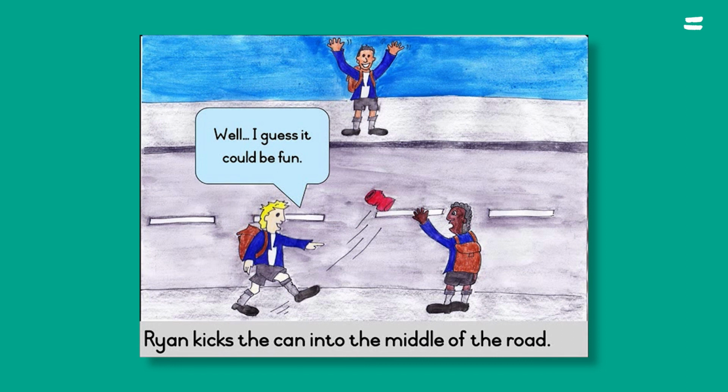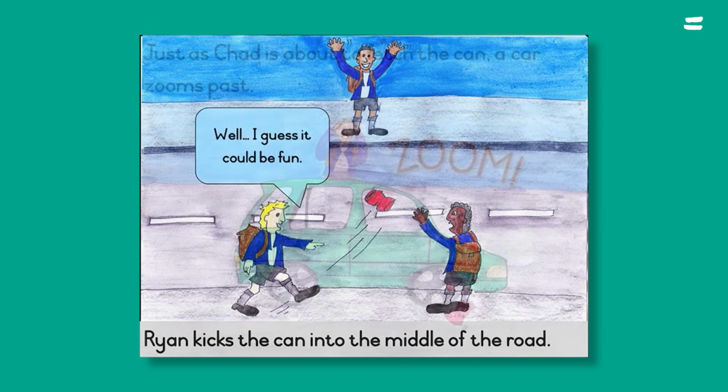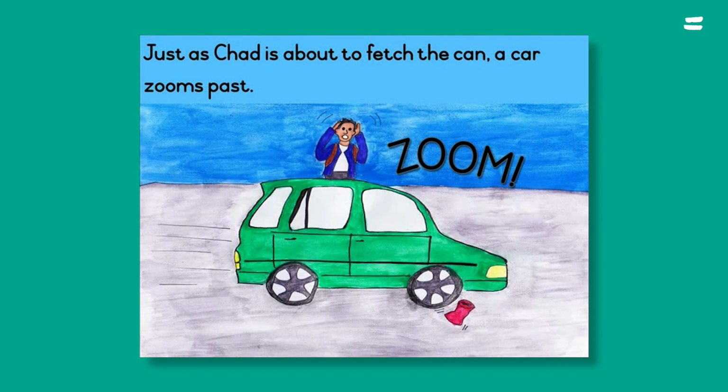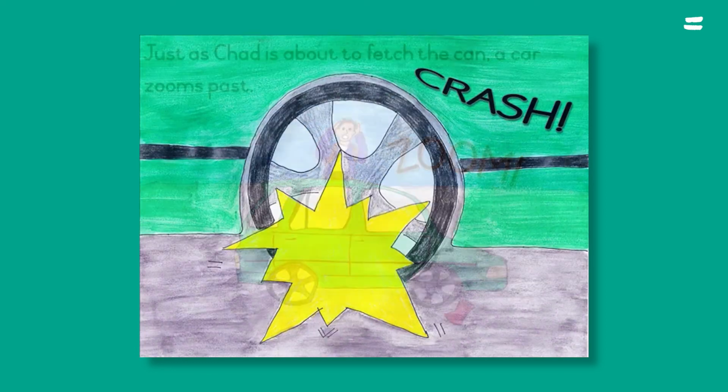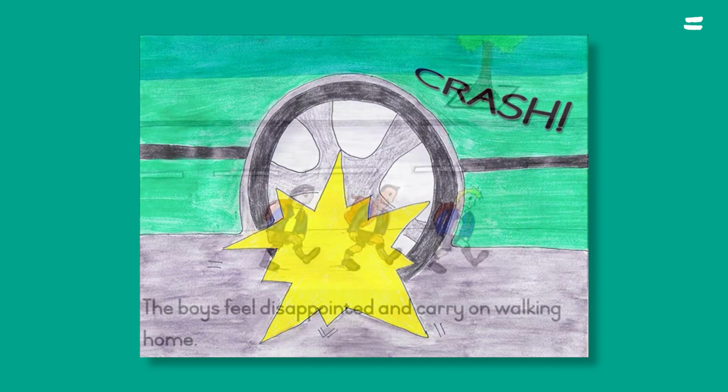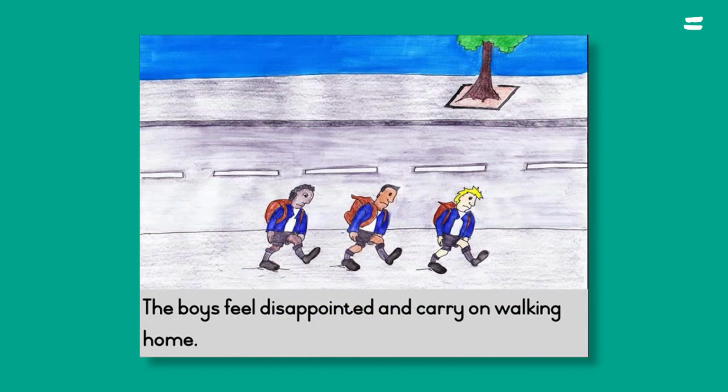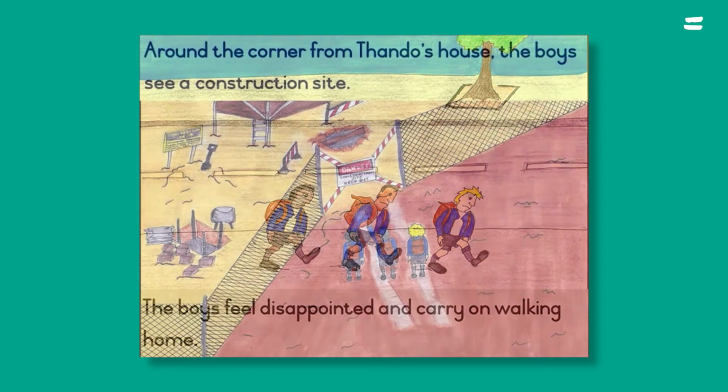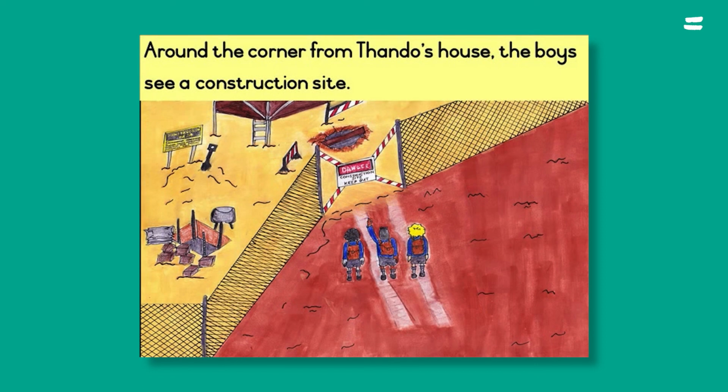Ryan kicks the can into the middle of the road. Just as Chad is about to fetch the can, a car zooms past. The boys feel disappointed and carry on walking home. Around the corner from Thando's house, the boys see a construction site.